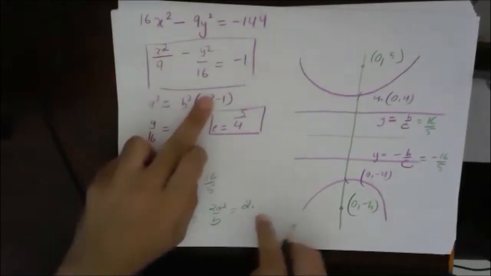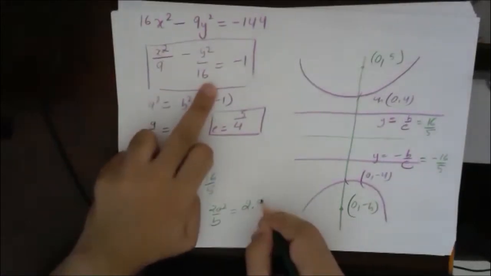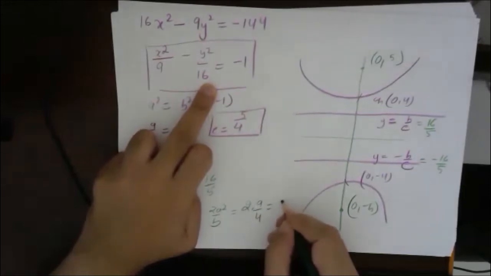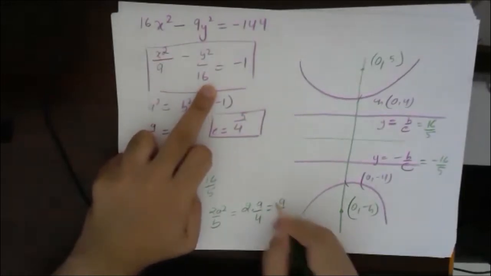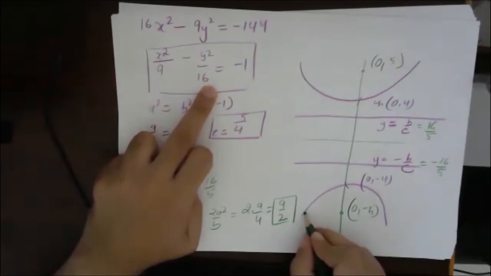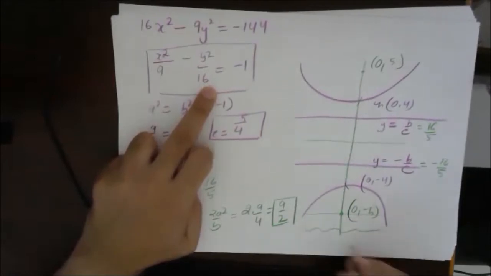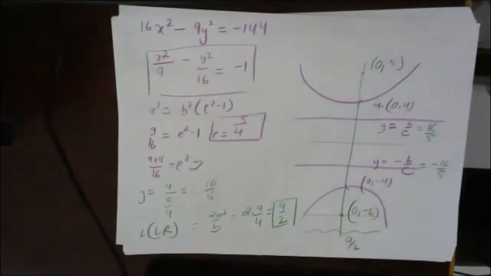So 2 into 9, and b is 4. 2 into 9 by 4, so this is 9 by 2. 9 by 2 is the length of the latus rectum. That means this length is 9 by 2. Just check this one also.